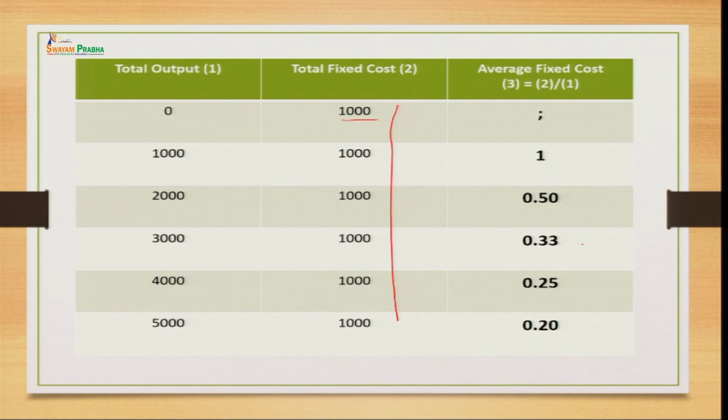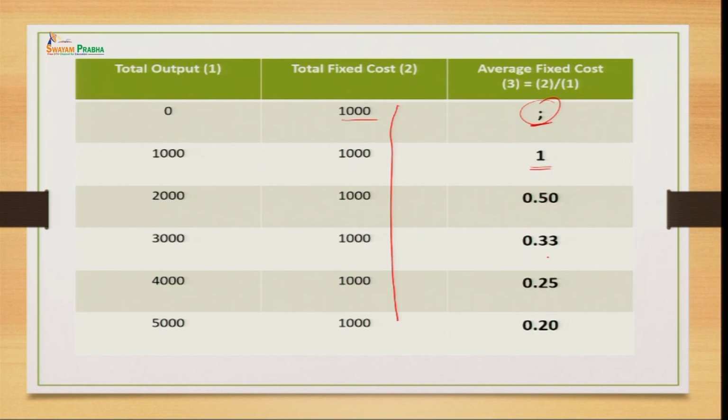But in the case of average fixed cost, for the first case it will not be there, but yes, when we have started our total output, in this case our average fixed cost was 1. What we are doing? We are dividing the total fixed cost by total output. Okay. In the second case, it reaches 0.50 and then 0.33 and so on.